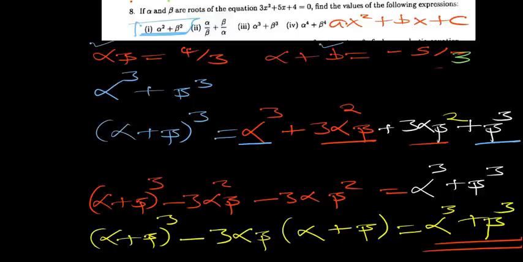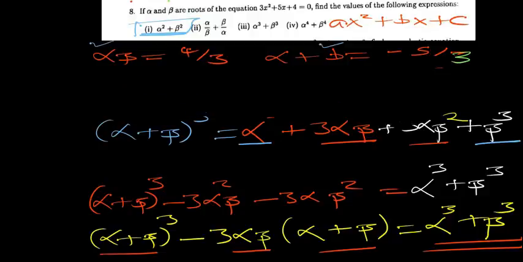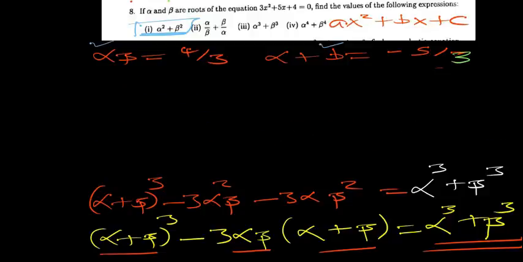We're interested in alpha cubed plus beta cubed. And if you try to check everything on the left hand side, that is the summation, that is the product, that is the summation. So we're able to simplify it. Okay? How do you do that now? Just substitute.